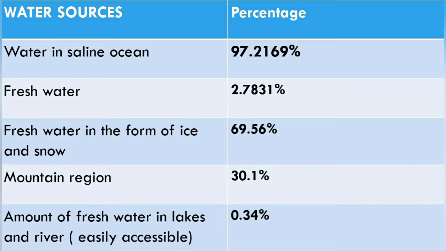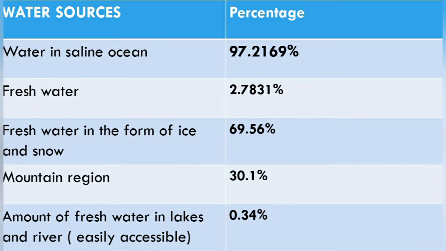Fresh water in the form of ice and snow on the earth is 69.56%. Water present in mountain regions is 30.1%. The amount of fresh water in lakes and rivers, which is easily accessible, is 0.34%.